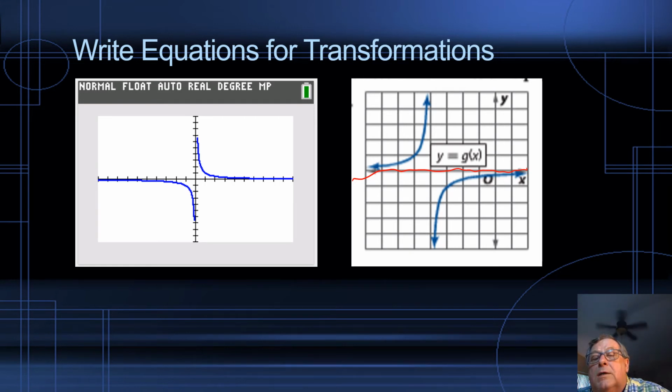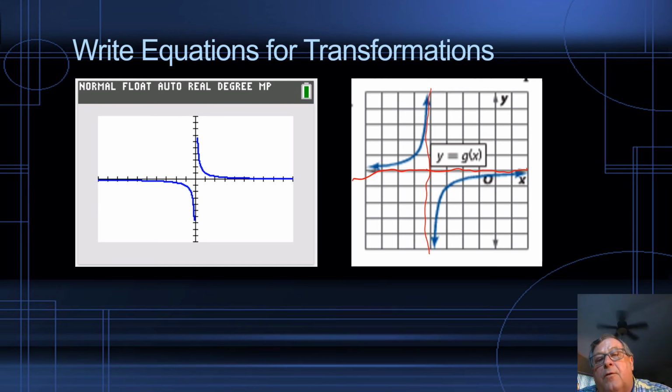Let's see. Where's the vertical axis on this thing? Right there, 0, 0, 1, 2, 3, 4. I've got a horizontal shift by 4 units. Now, the denominator of a reciprocal function or a rational function is actually a grouping.